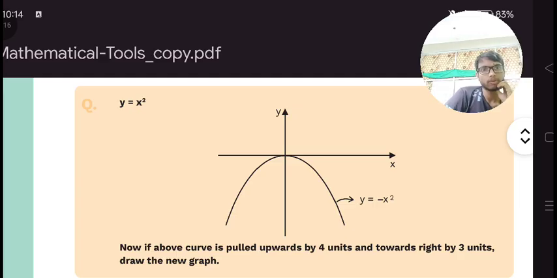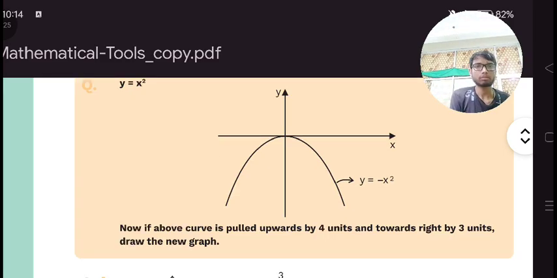Now if the above curve is pulled upwards by 4 units, and towards the right, in the positive x direction, by 3 units, draw the new graph.